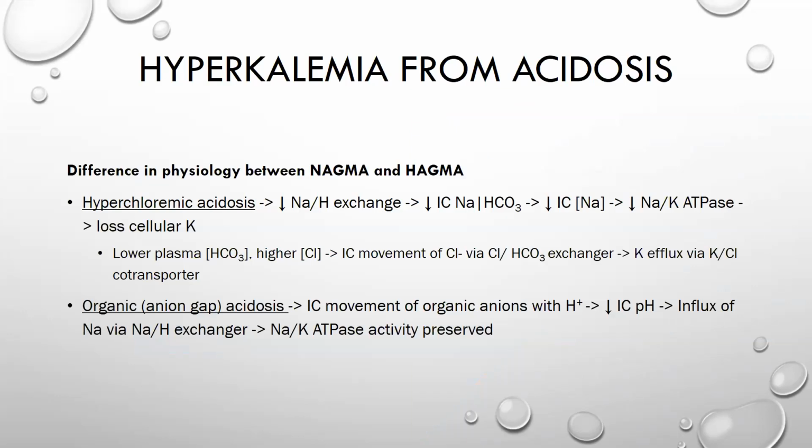Next is acidosis. We're all pretty aware of this, but I just want to make a key distinction between normal anion gap, which is your hyperchloremic acidosis, and your high anion gap metabolic acidosis.